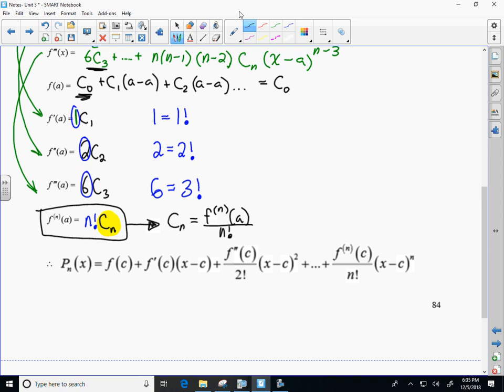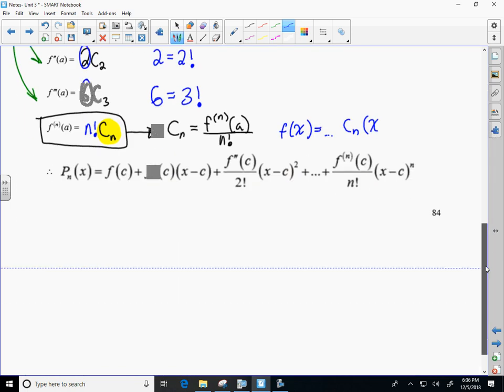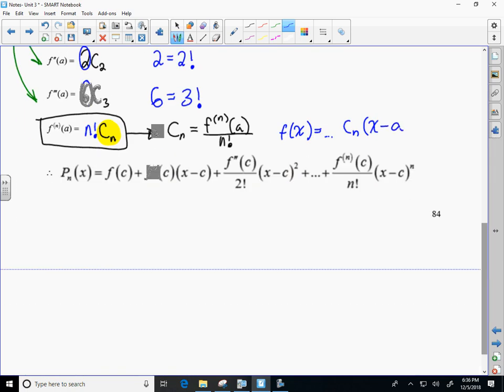All right. So if you're looking at your original function, it was f of x equals a whole bunch of stuff, and then that final term, which was c sub n times x minus, well, I think we used an a up here, to the n.